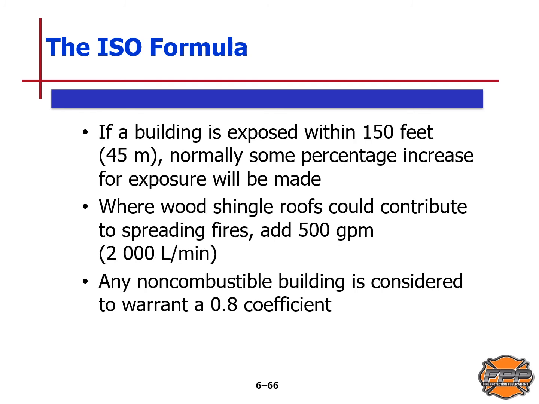Now, if a building is exposed within 150 feet or 45 meters, there's normally some percentage increase for the exposure that will be made. When there are wood shingle roofs, they could contribute to spreading fires and add as much as 5,000 gallons per minute or 2,000 liters per minute. Any non-combustible building is considered to warrant a 0.8 coefficient.